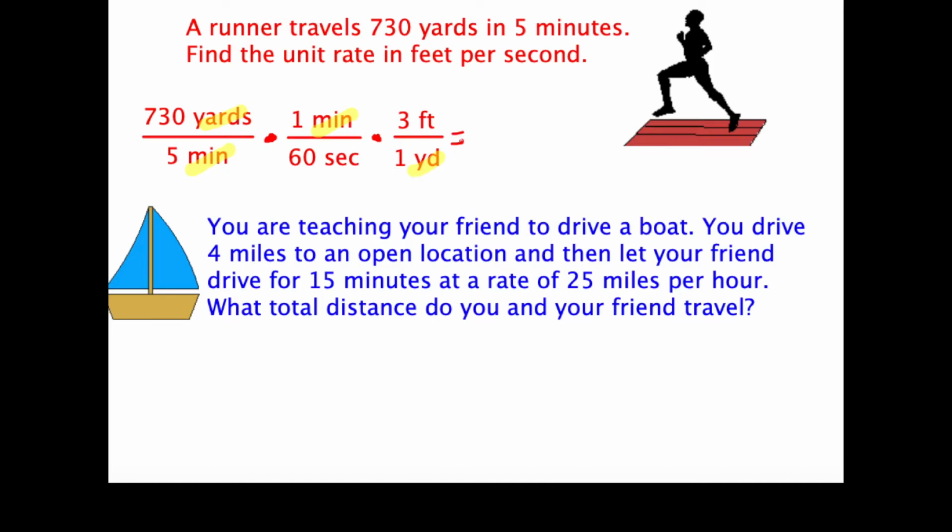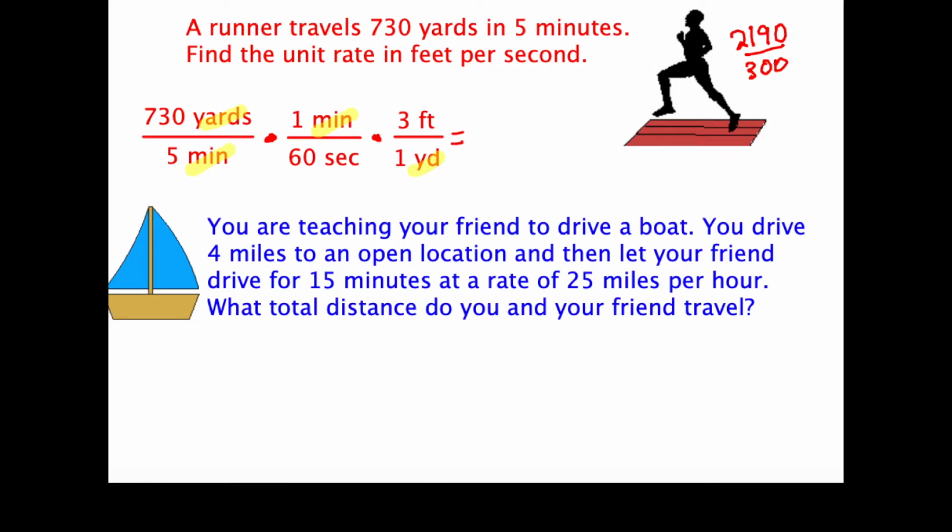So again, let's take what's on the top and we'll multiply 730 times 3, which will come out to 2190. I'm just going to go off to the side and do a little scratch work. 2190. But I need to divide by, again, we've got 5 times 60 times 1 on the bottom. 5 times 60 is 300.